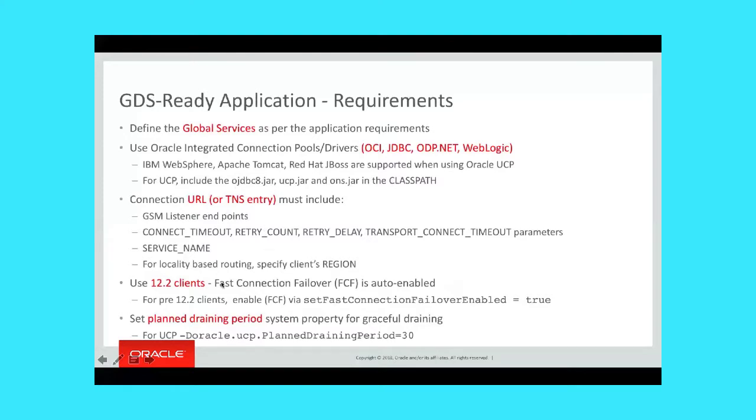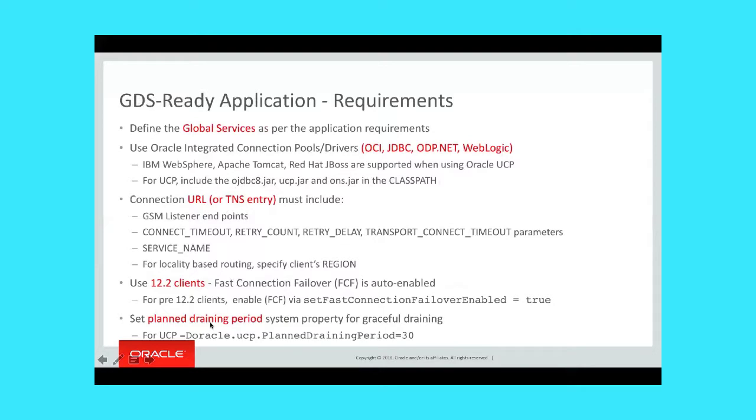And if you're using 12.2, fast connection failover is automatically enabled, which is what you want to subscribe to the ONS notifications that GSMs publish, right? The intelligence that it publishes, you would get by using 12.2 clients automatically. If you're using pre-12.2, then you would want to explicitly call set fast connection failover enable, and that will allow you to subscribe to the ONS events.